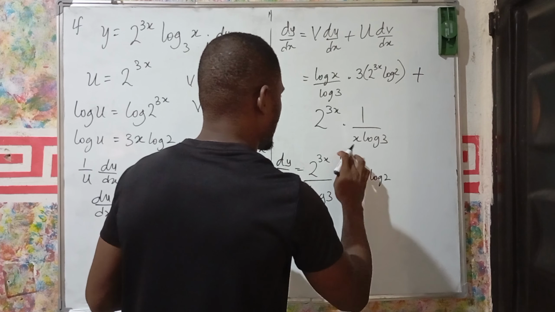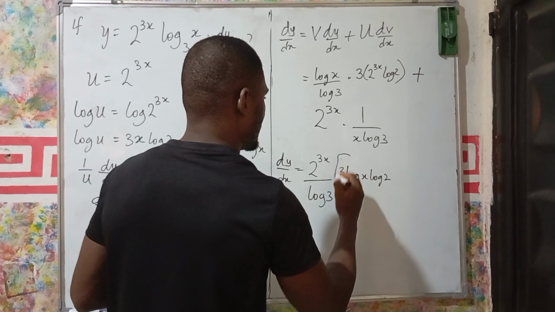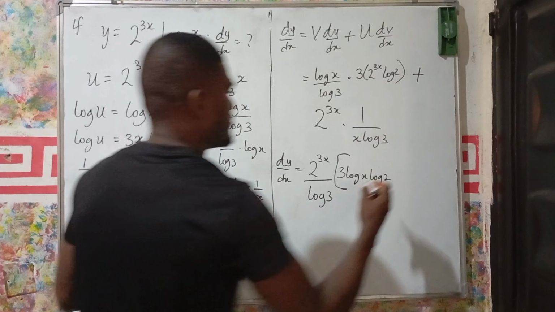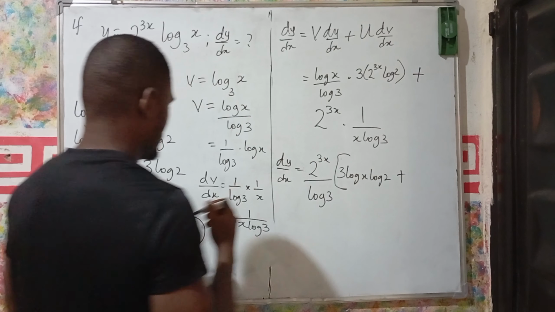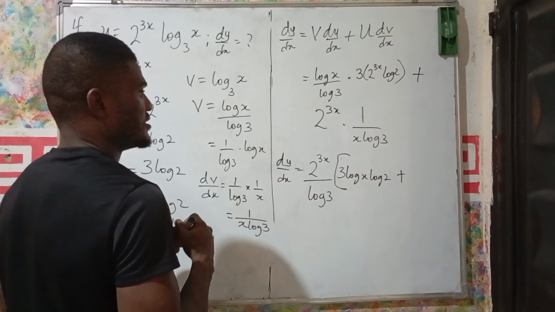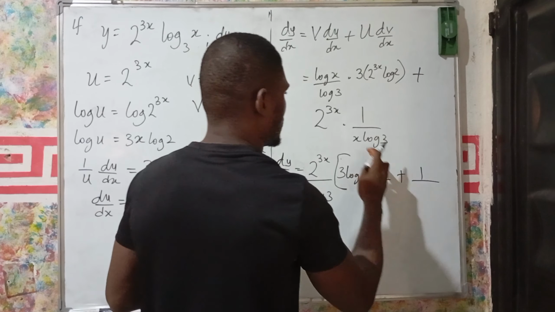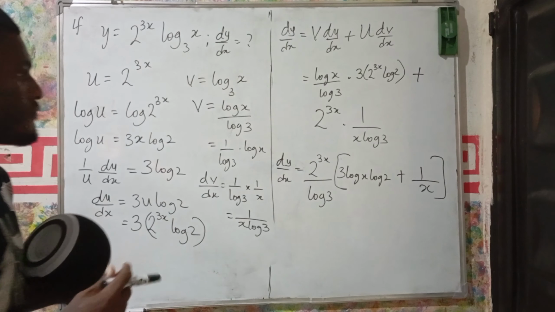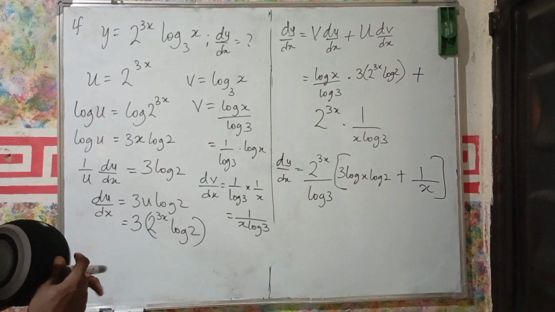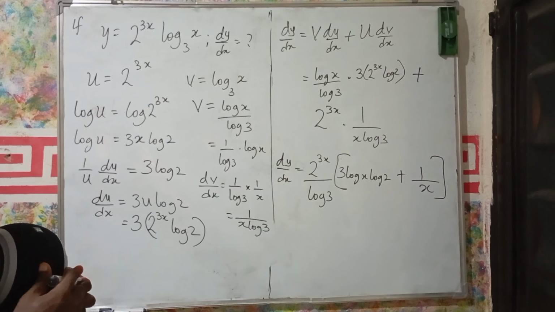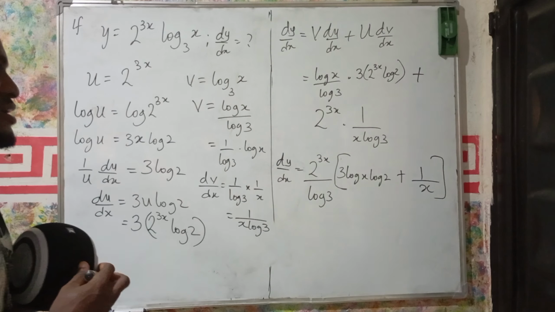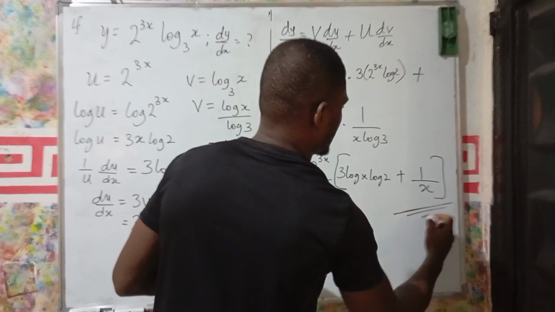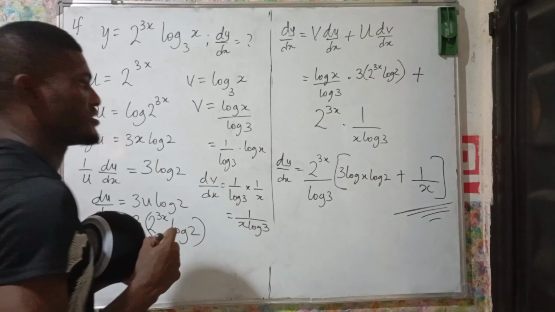So first of all, write the 3: 3 log x log 2, and then plus what we have left at the other term, which is 1 on the numerator and x on the denominator. So this is our answer.